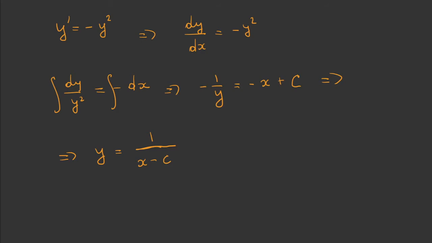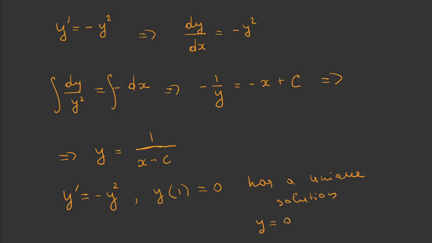And therefore, the initial value problem y prime equals negative y squared, y at x equals 1 equals 0, has a unique solution, namely y equals 0.